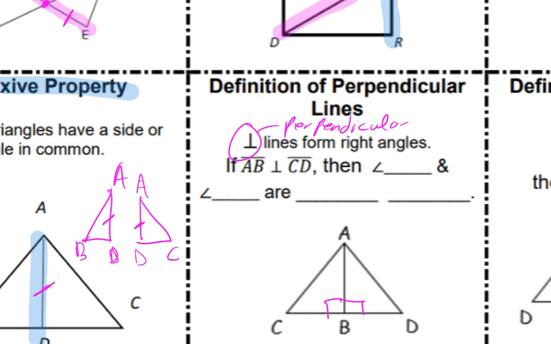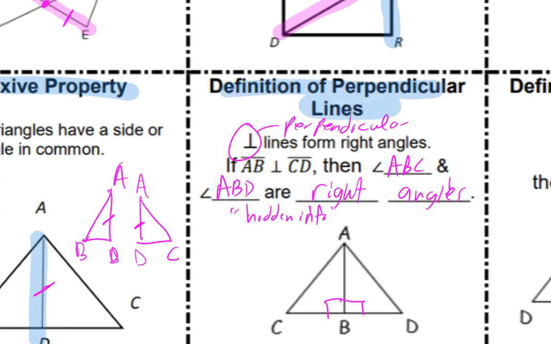So the first angle would be ABC and ABD, they're both right angles. If these are perpendicular, then we know that those are right angles. That's the hidden info. And that's the definition of perpendicular lines. Perpendicular lines cross at a right angle.